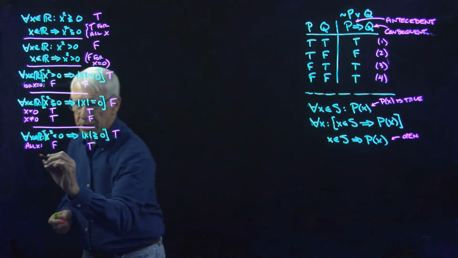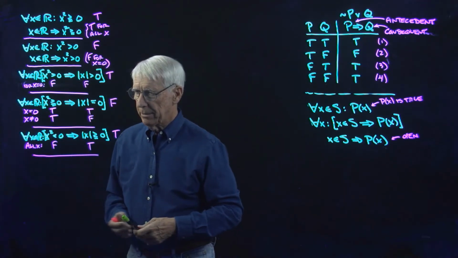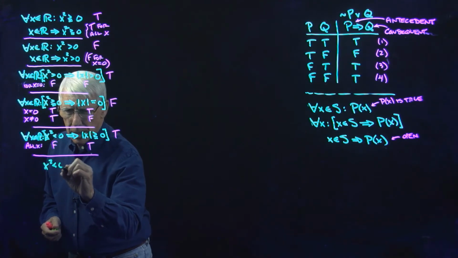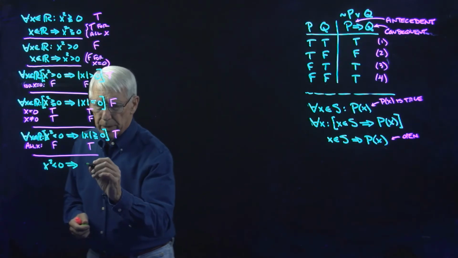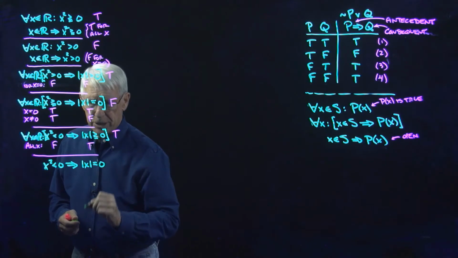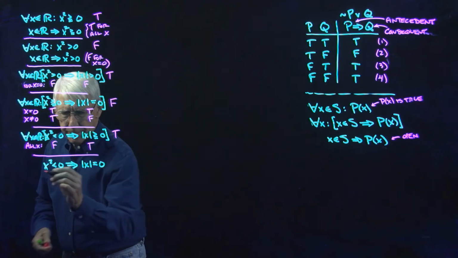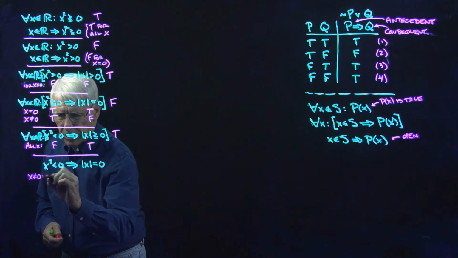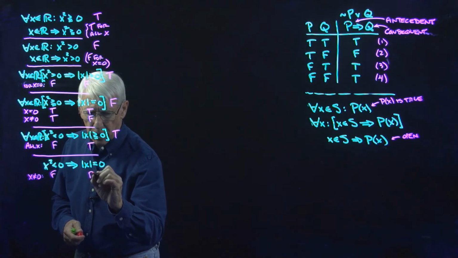And then one last example: x squared less than 0 implies absolute value of x equals 0. For x unequal to 0, this is false, and this is false.